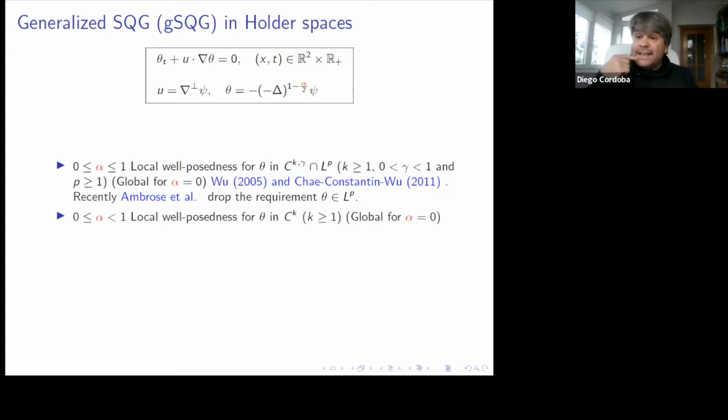If we want to look at the endpoint, that means gamma is 1, so we are talking about the C^k norm, then it's locally well-posed when alpha is between 0 and 1. And in the case alpha equal to 0, Euler, you even have global existence.